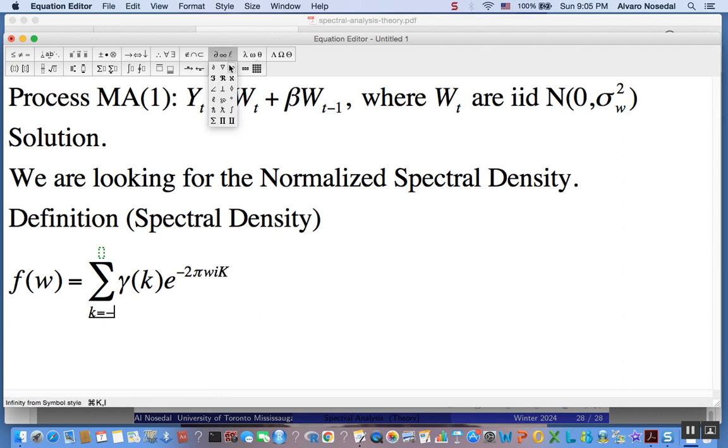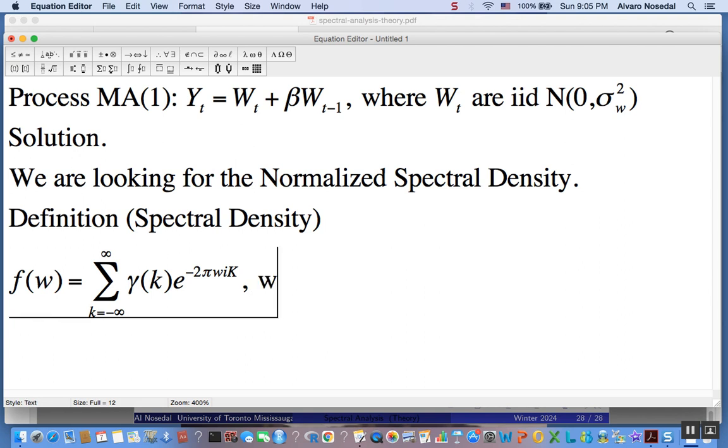Let me just finish that definition, and then remind you what i represents, where i represents the square root of -1. So that's the definition of spectral density.